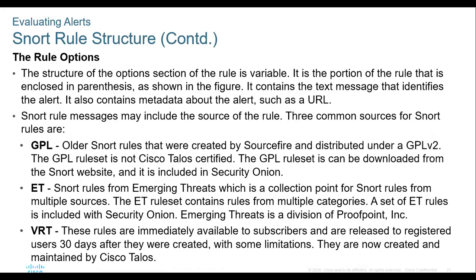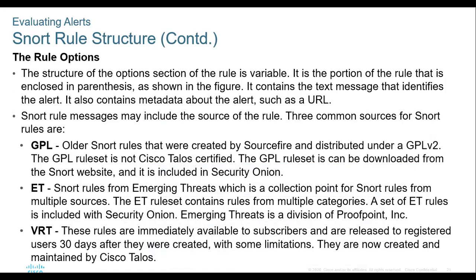Then the ET, Snort rules from Emerging Threats, which is a collection of rules from multiple sources. The ET rule set contains rules from multiple categories. A set of ET rules is included with Security Onion. Emerging Threats is a division of Proofpoint, Inc. Then we have the VRT.